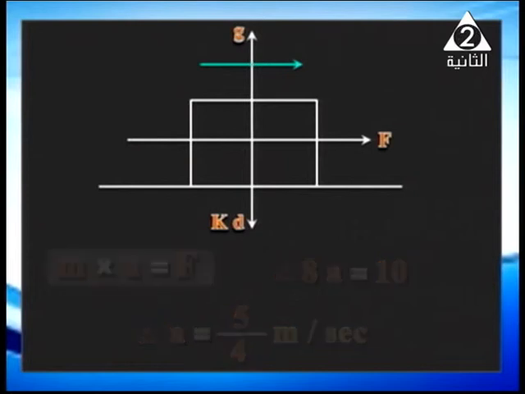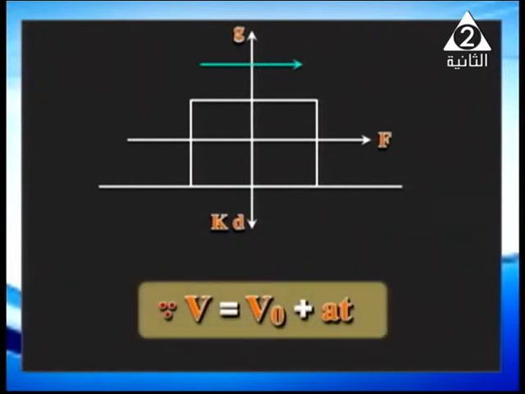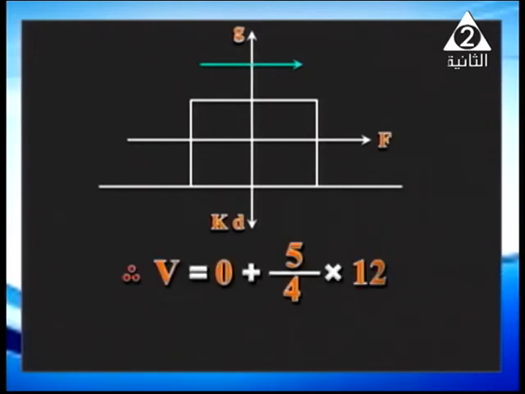Since the first equation of motion is v equals v naught plus at, substituting acceleration 5 over 4, velocity equals 15 meter per second.